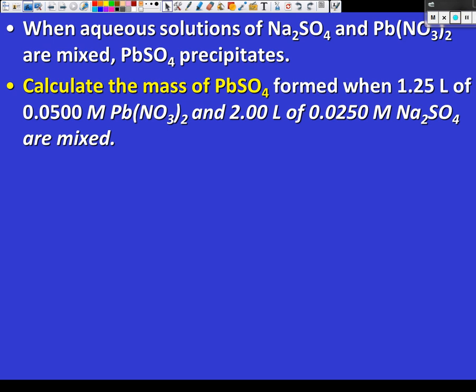You've got to find the limiting reactant. Yeah. All right, here's what I want you to do. Ignore the question. The first thing I want you to do is write a balanced net ionic. See if you can do that. Let's start there, and then we'll fill in the pieces from there.